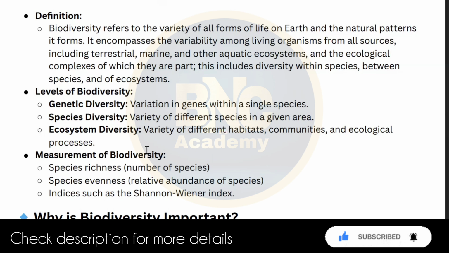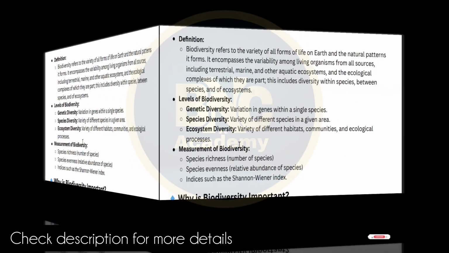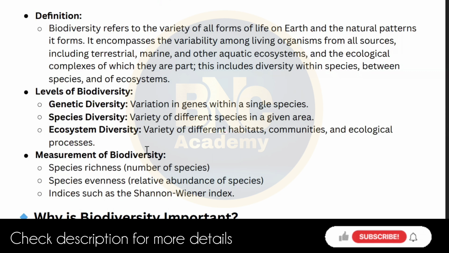For example, variations in a plant's genes may allow some plants to be more drought resistant than others. This is very important for the survival of that species.